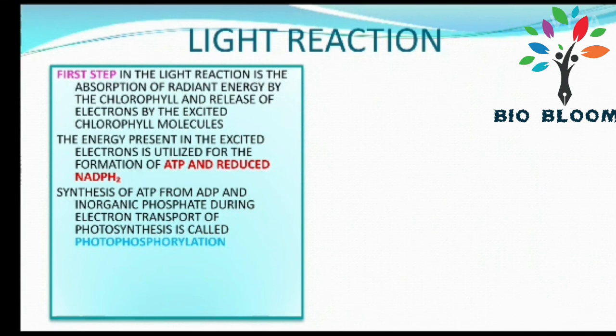Next you see the light reaction first step. Already we discussed that light reaction is the absorption of radiant energy, and the end products are ATP and reduced NADPH2. And this light reaction is also called photophosphorylation. Why? Because synthesis of ATP from ADP and inorganic phosphate during electron transport of photosynthesis is called photophosphorylation.